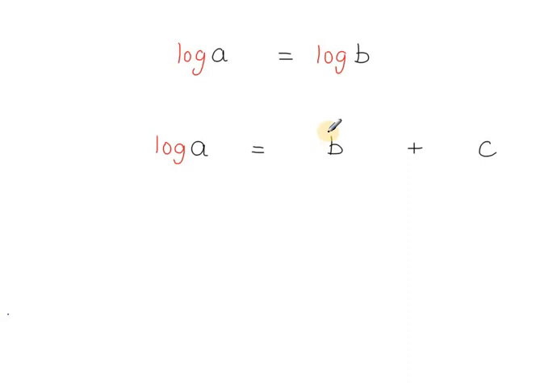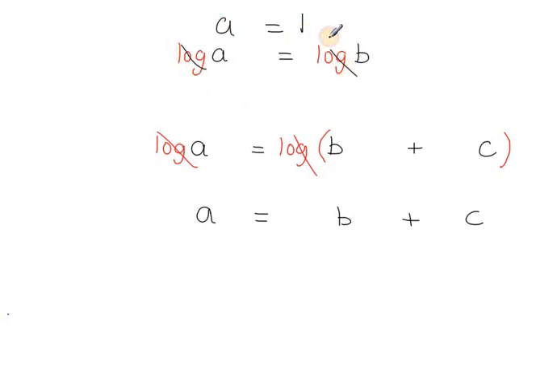What you should do is put everything in brackets here because we have multiple terms, and write the word log once on each side, not in front of every term. When you have an equation where you have a single log on each side, you can cross these out and then go back to a is equal to b plus c. I could have crossed these out and go back to a equals b.